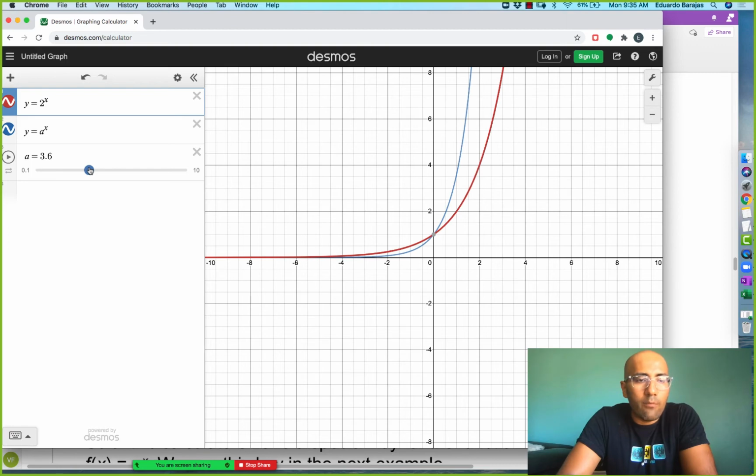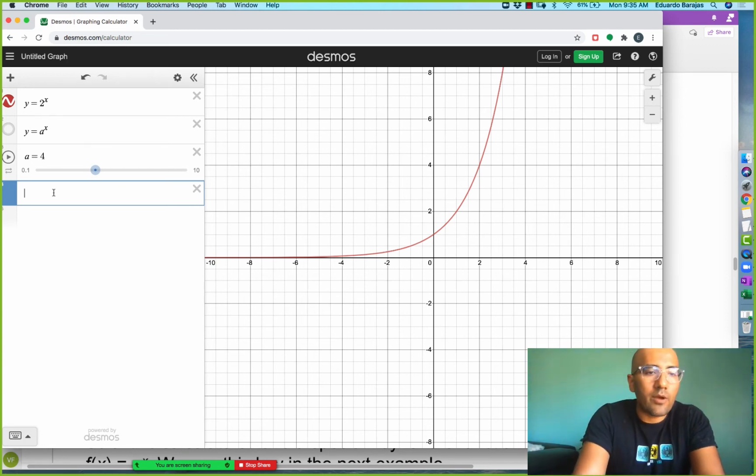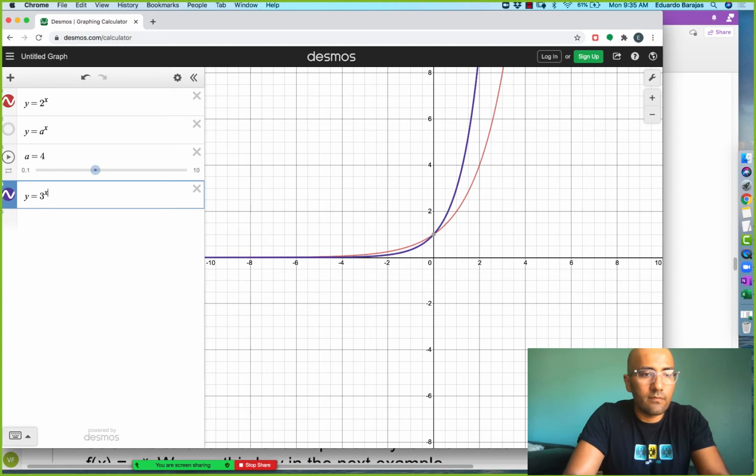Good. Okay, so I get to punch in whatever number I want as the base. Here I'm going by multiples of 0.1 and skipping through these values, but it can be anything, so I can make it equal to 2.7183, the value of e, to get a pretty good approximation. So when y equals 3 to the x power, we get that purple one.